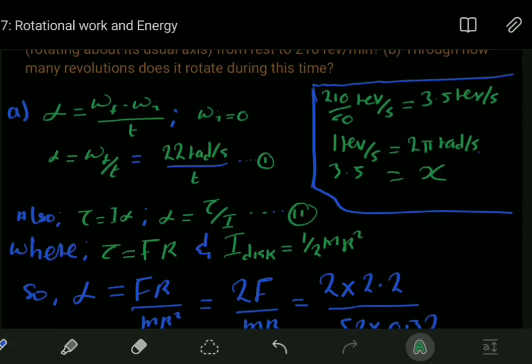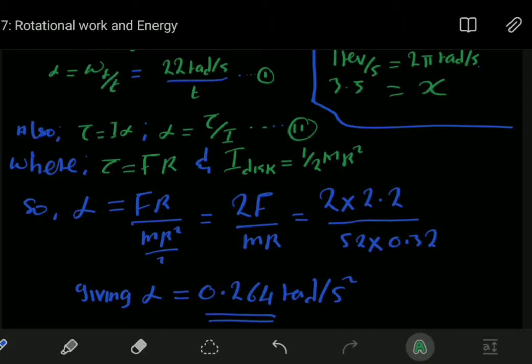That's the moment of inertia for a disk. So if we want to use equation 2 to find angular acceleration, we can work this further and we have angular acceleration equals force times the radius, which is the torque, over the moment of inertia for a disk, that is mr squared over 2.